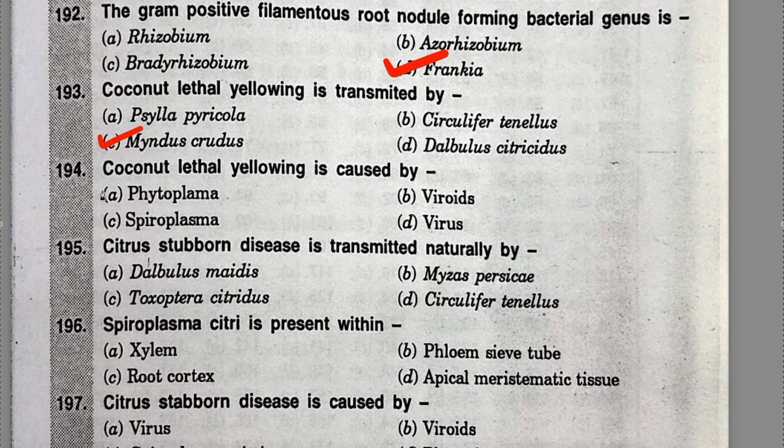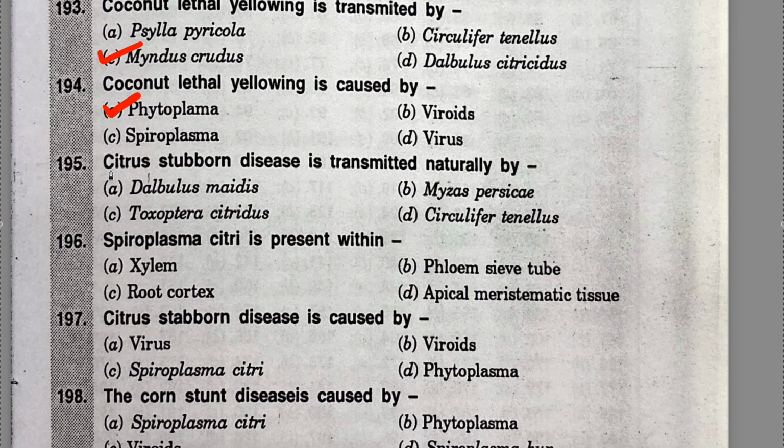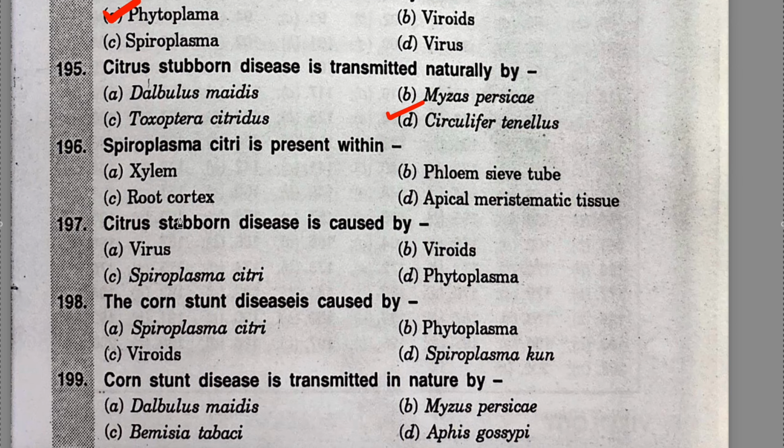Answer is option A, phytoplasma. 195. Citrus stubborn disease is transmitted naturally by A, B, C, D. Which one? Option D is the correct answer.